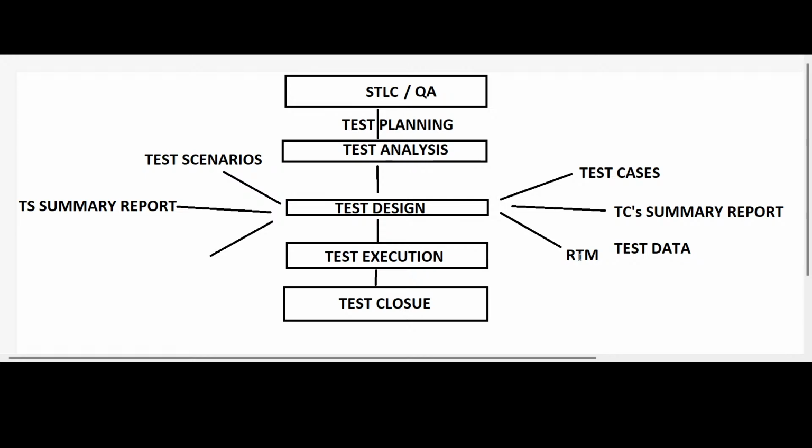Totally, we have 6 specifications. In the same way we have test data, and we have RTM as well. I will write it down here: RTM is called the requirement traceability matrix. I will explain it later in this session.